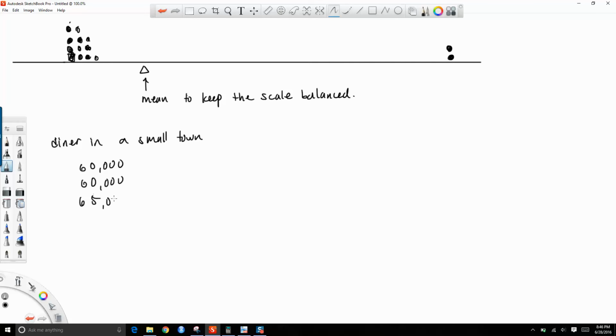And we get responses like this. Okay, so if we calculate the mean at this point, the mean is equal to 65,000. This is the mean income for these 6 people, okay?